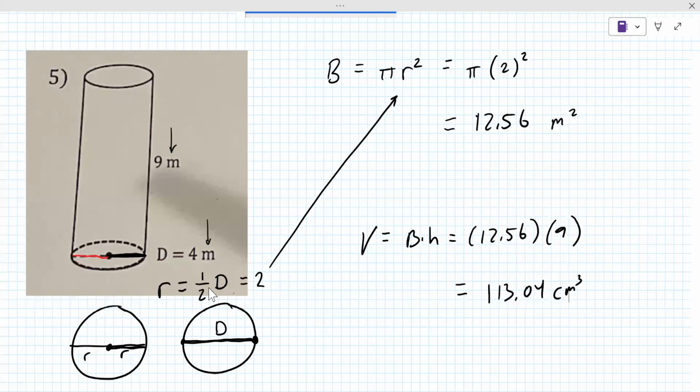What is it, the centimeters cubed square? That's not what I asked. My answer is 113.04 meters cubed. I understand that you said the correct answer and I said, very good. And then I asked you a follow-up question.